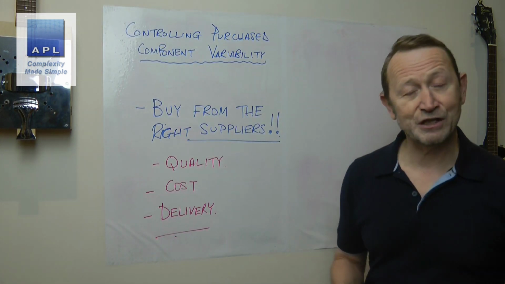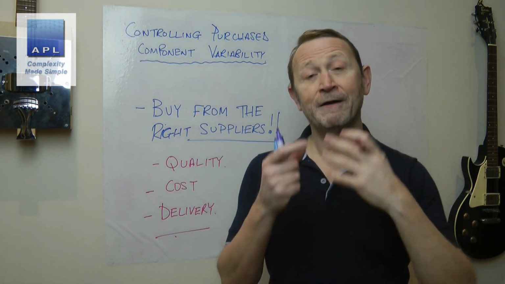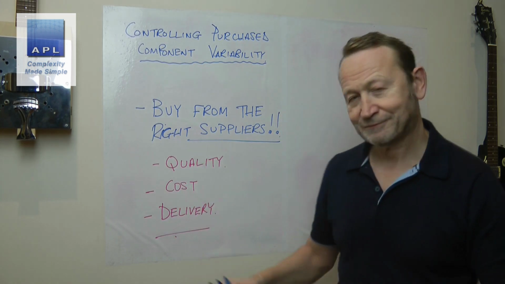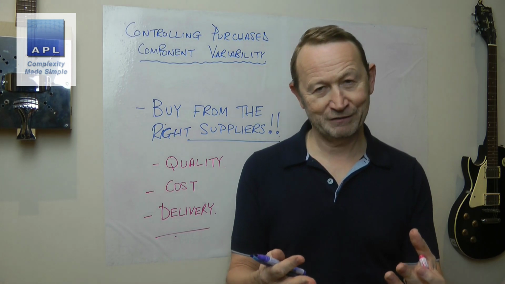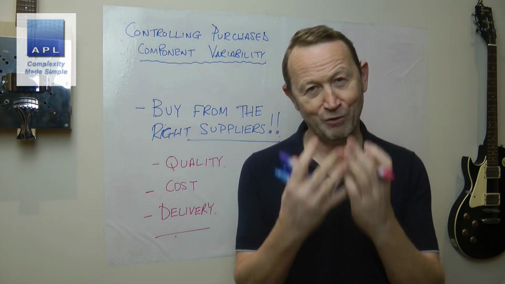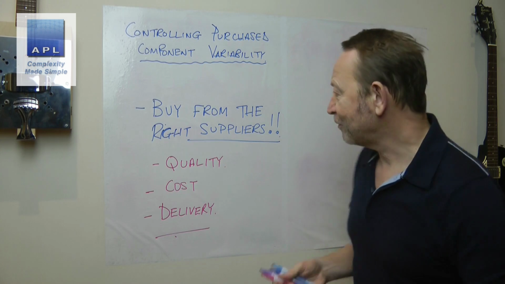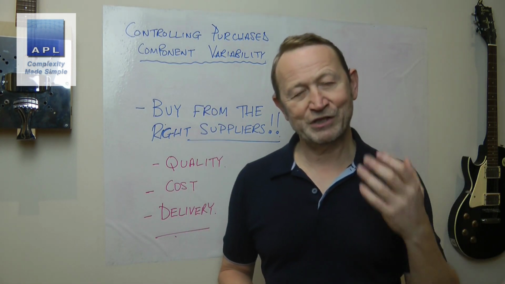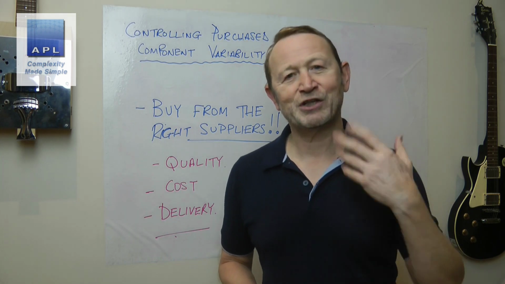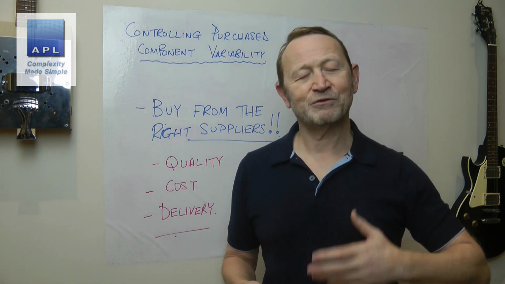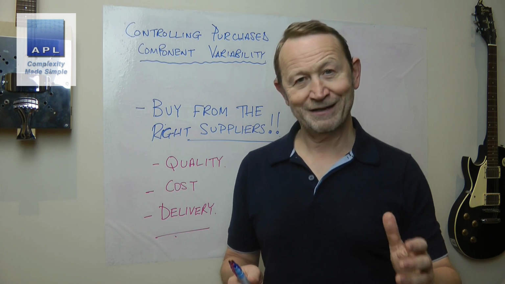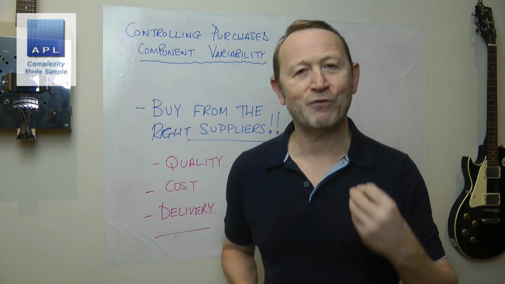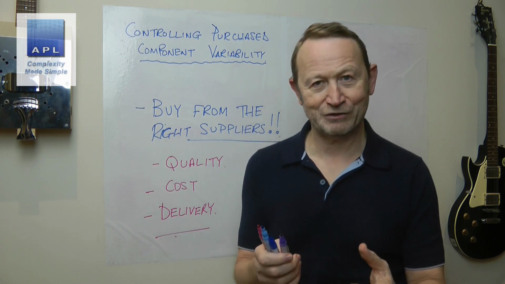They're also the three things that your customers are looking for from you: quality, cost, and delivery. Normally we say them in that order, and the reason we say them in that order isn't an accident. It's because that's how you should approach those three subjects.